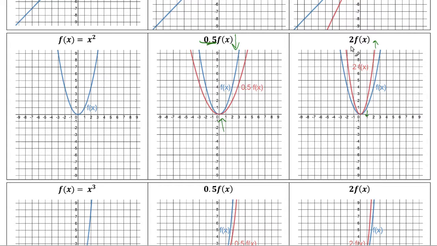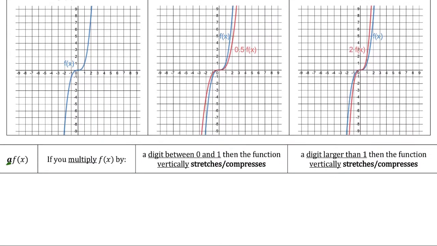When it was larger than 1, the absolute value of A, then you're stretching it. So if the absolute value is between 0 and 1, you will compress. When it's larger than 1, you will stretch.